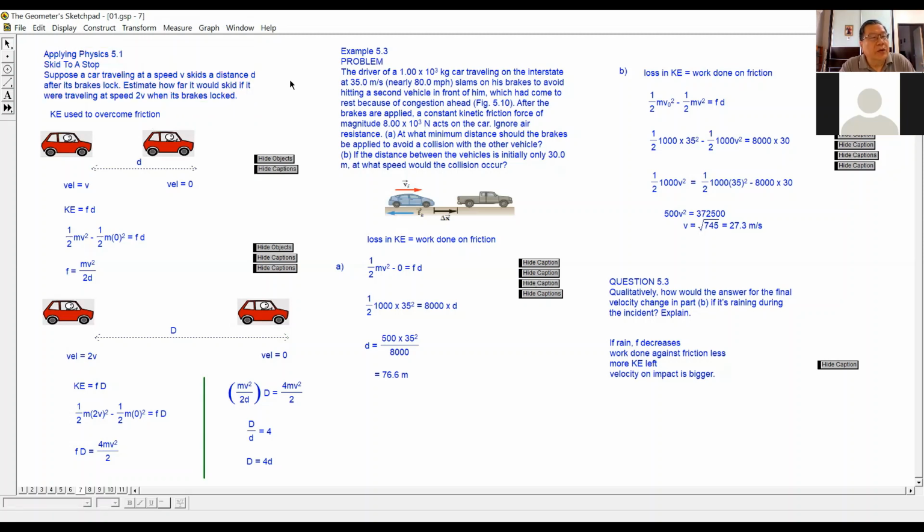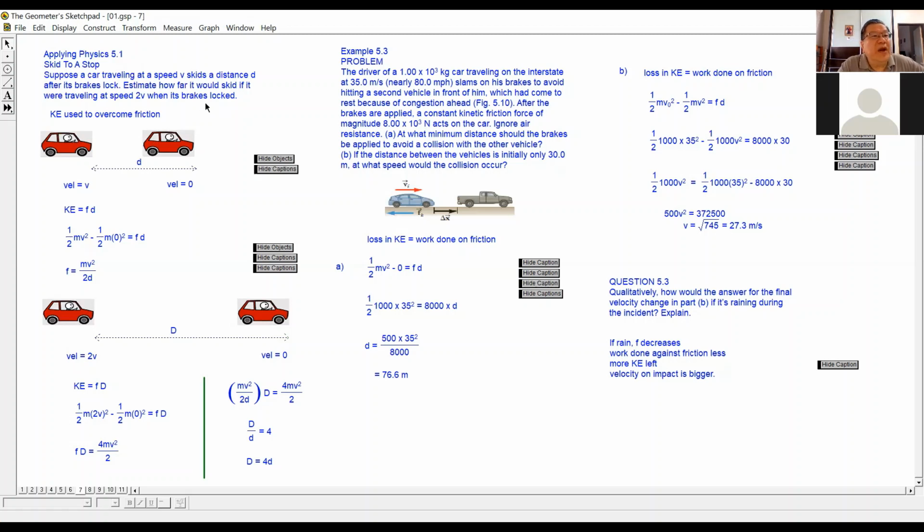Now when the car is traveling at a certain speed v, the distance it covers before coming to a stop is under the friction of the brake, friction of the tire, and so on.